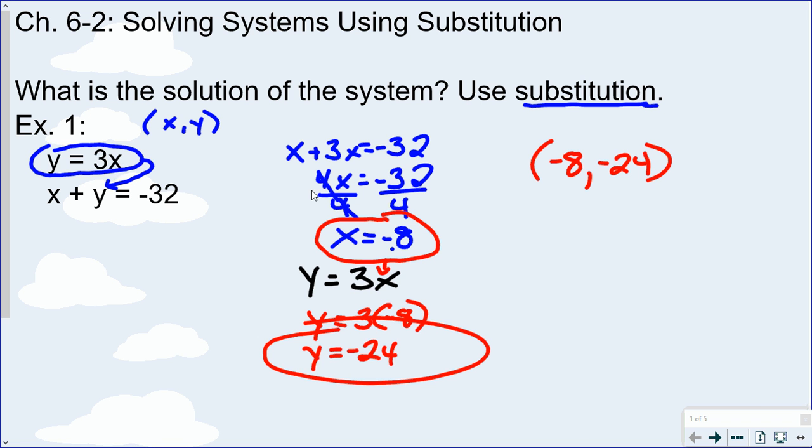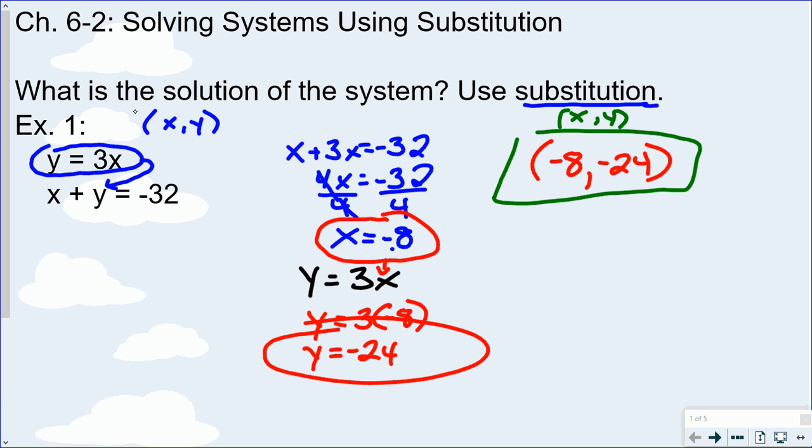And so what that means is that I can check this, okay? This is my solution. This is an XY ordered pair. And I can plug in negative 8 into these two equations and see if y is equal to negative 24.